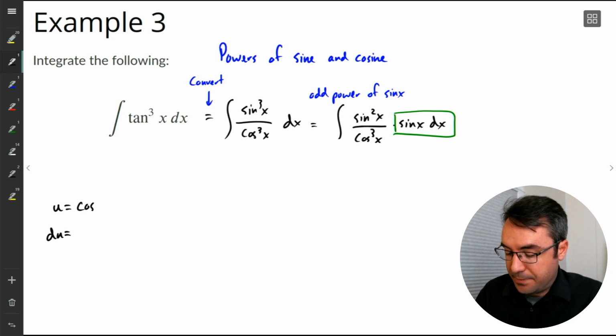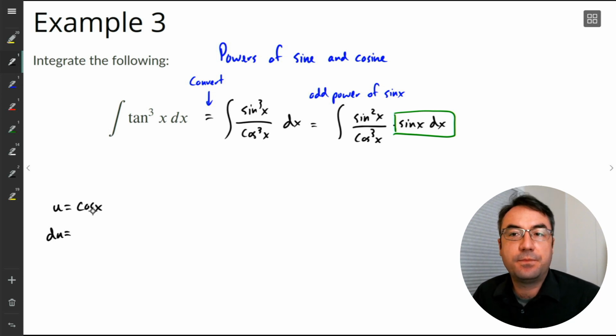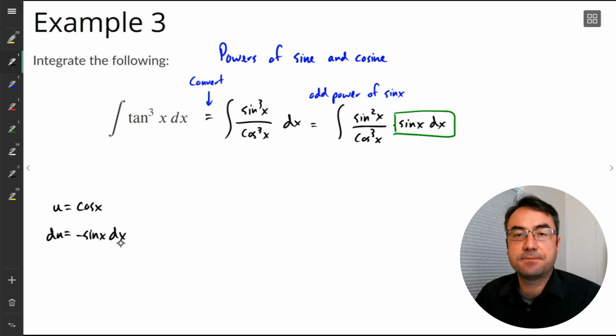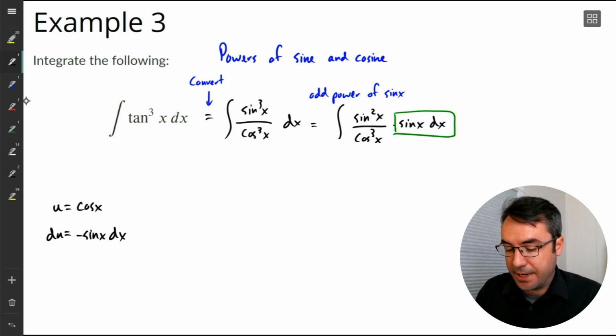Well, we get sine by letting u equal the other one, letting u equal cosine. And so when we choose u equal to cosine, the derivative of cosine is negative sine x, and then dx. And that's a pretty good match for our substitution. The only thing here is we have this extra negative.